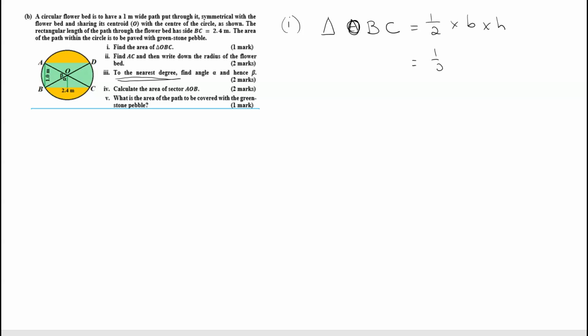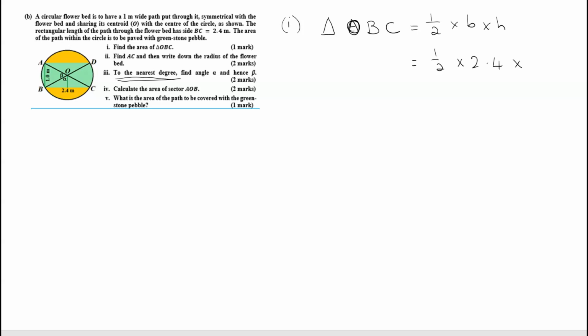So it's a half times the base, which is 2.4, times the height. Now the question does say it's symmetrical. So AB is going to be 1. It's drawn on the diagram.